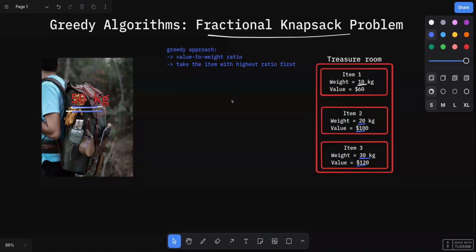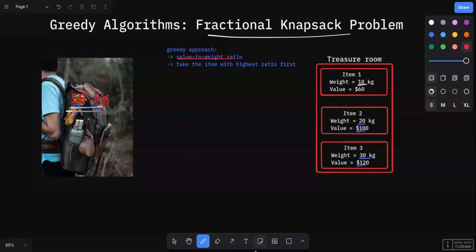Now the step-by-step process that we're going to follow here: the first thing that we need to do is calculate the value to weight ratio.